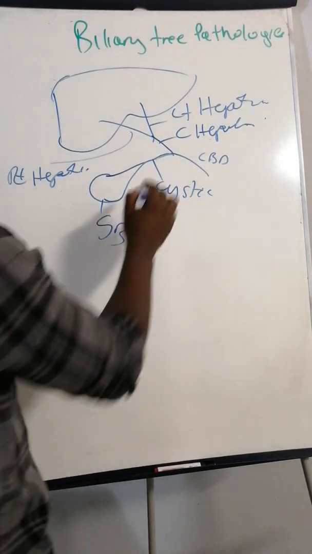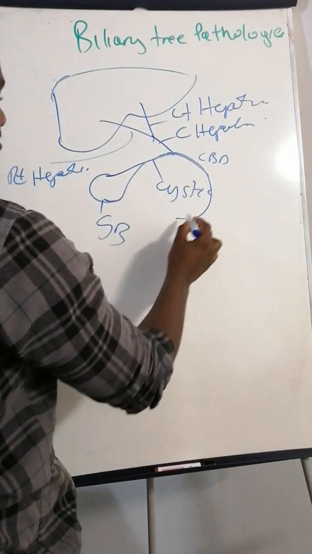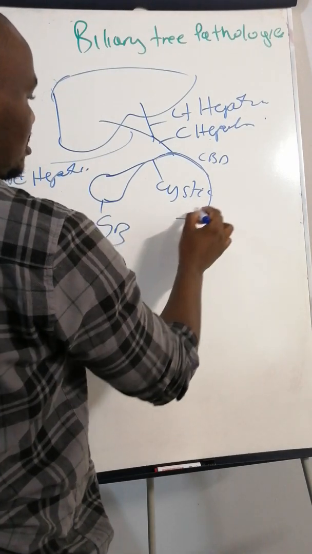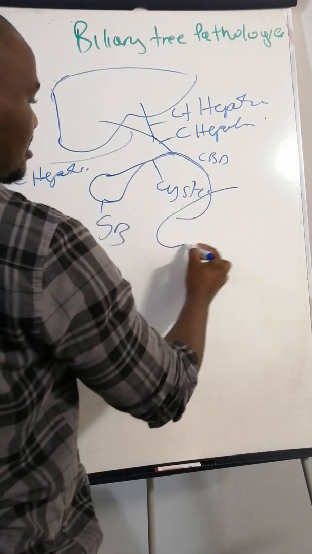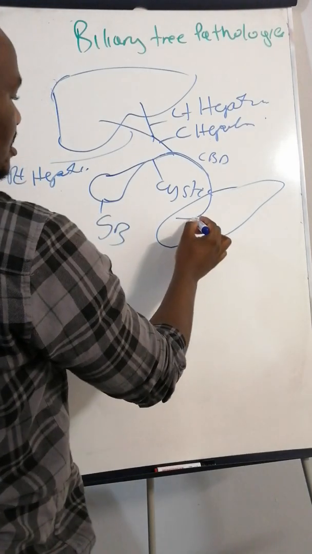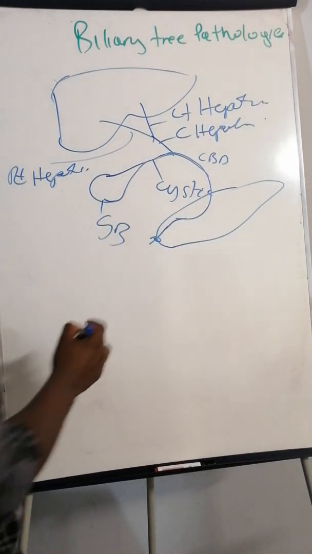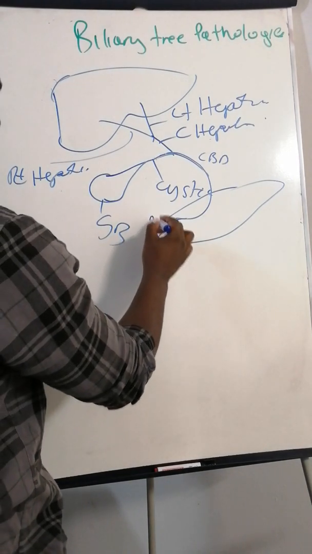It's very important, guys, this anatomy. And then we're going to have our pancreas there. And I know this is too far. Nothing is drawn to scale here, guys. Nothing is drawn to scale.